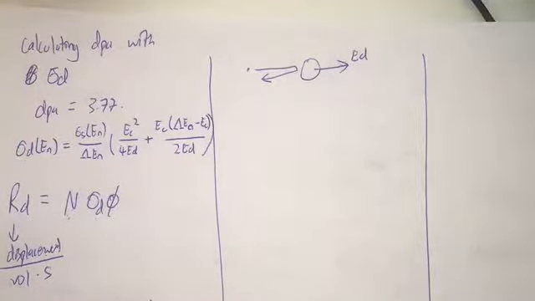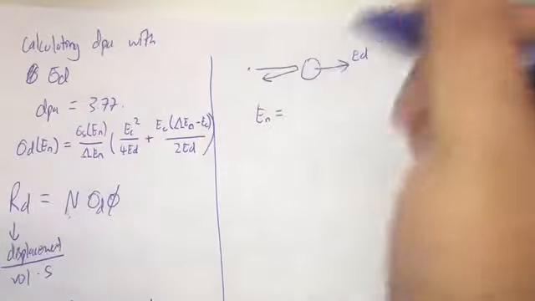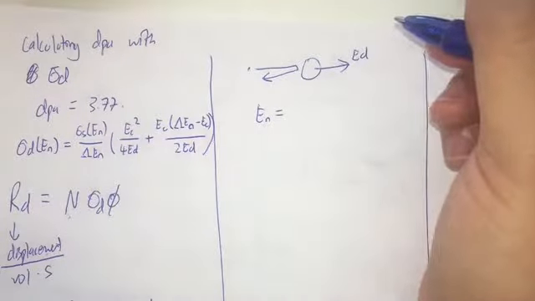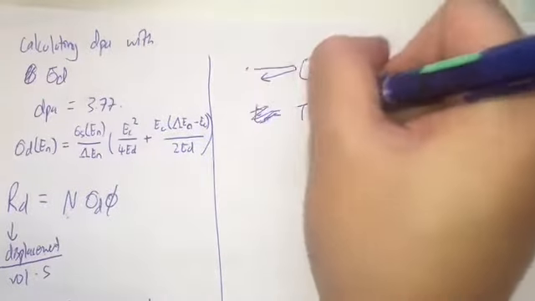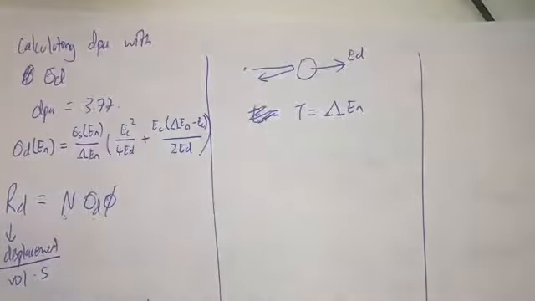So how do we calculate this? We'll have T equals lambda En.